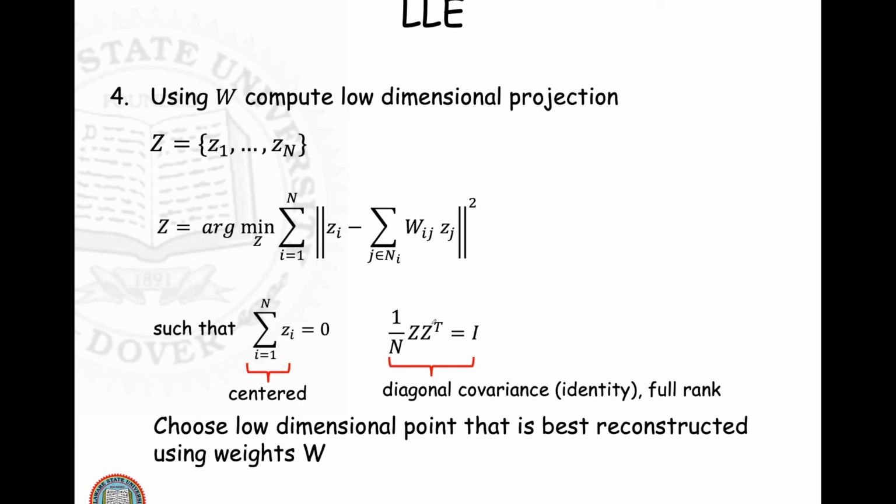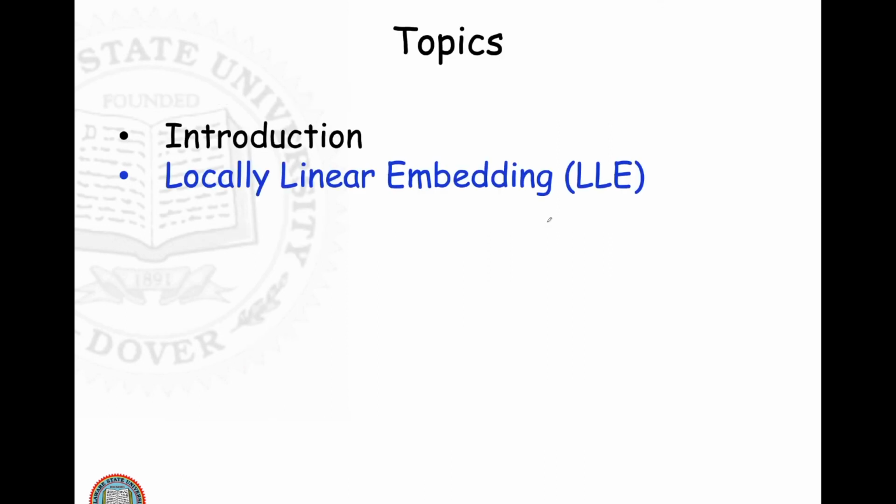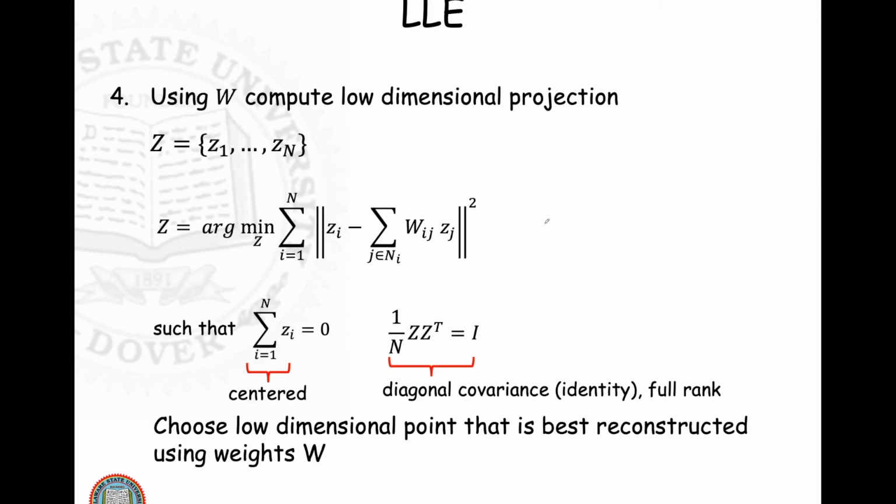In addition, it's going to have a nice diagonalized type of representation. And so now we're going to choose the low dimensional points that best represent the reconstruction weights from the original representation. And when you use the same reconstruction weights from the original representation, you're also maintaining the same curvature from the original representation. And that is what locally linear embedding does.